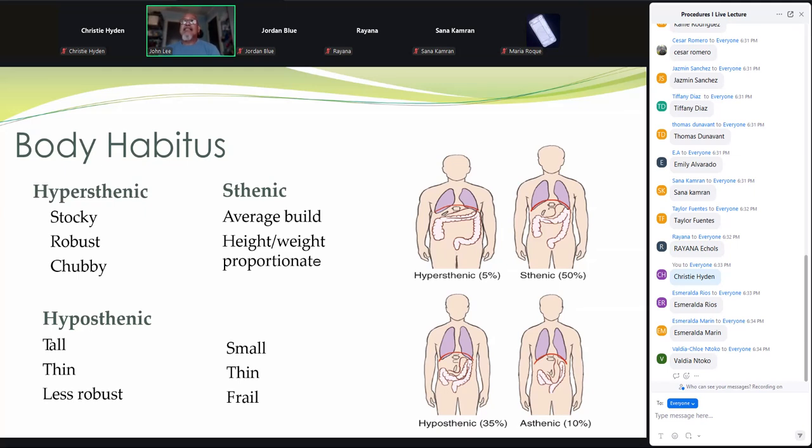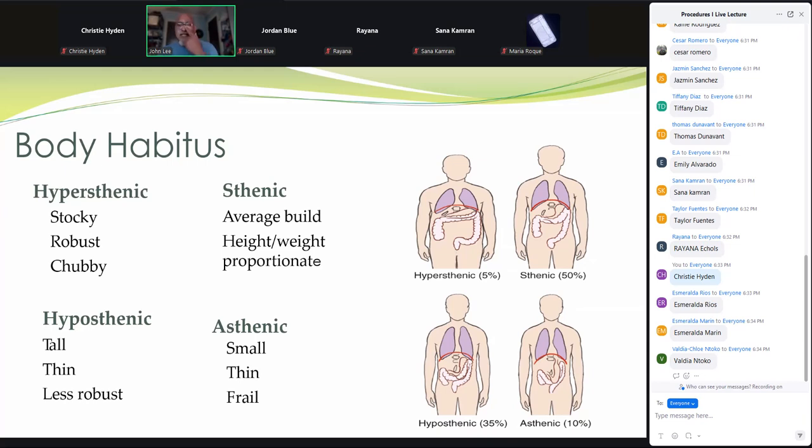And then the small, thin, frail patients, approximately 10%, we're looking at those patients being referred to as asthenic. Along with the different descriptions of body habiti, you need to be familiar with the way the organs lay out in the abdomen and the chest in relation to that body type.